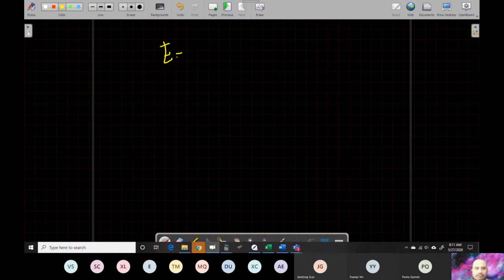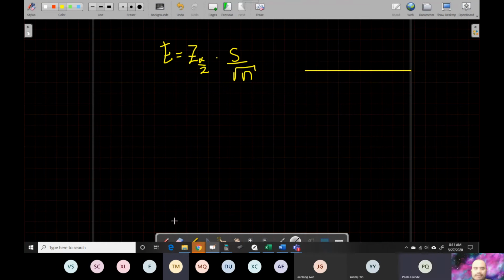Now E in this case is Z alpha divided by 2 times the standard deviation over the square root of n. And they want this to be 90%. Now, 90% means that that's what's in the middle. Do you remember if this was a 2 tail or a 1 tail test? 2 tails, right?